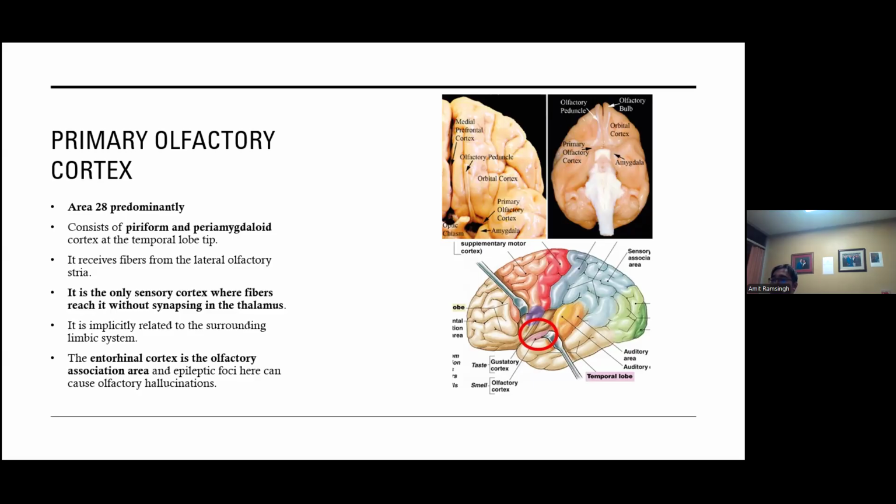And it is implicitly related to the surrounding limbic system. The entorhinal cortex is the olfactory association area, and the clinical relevance is that epileptic foci here, in the form of an infarct or infection, demyelination, or tumors, could cause olfactory hallucinations.